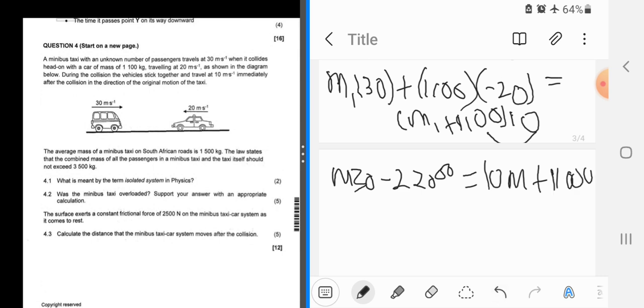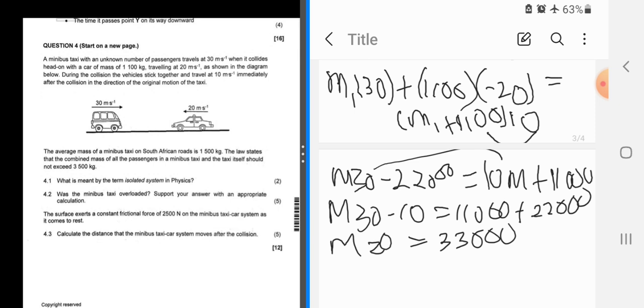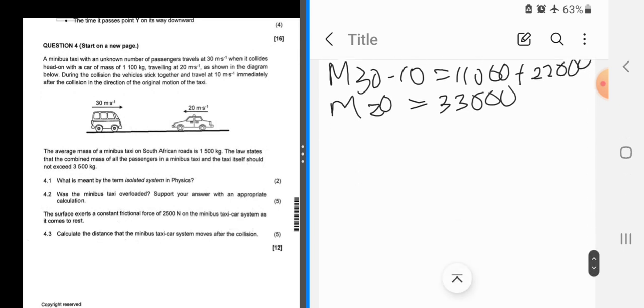That is 11,000. So here we have m30, and this one will come this side, that is minus the 10, and then we will have the 11,000 plus the 22,000. So we will have m20 is equals to 11,000 plus 22,000, that will be 33,000.